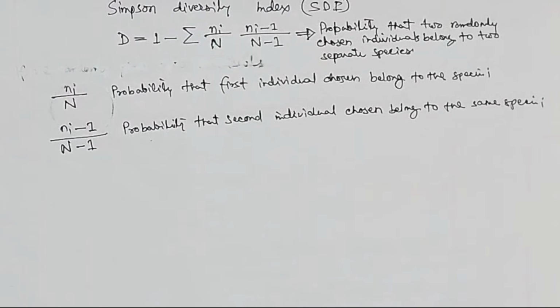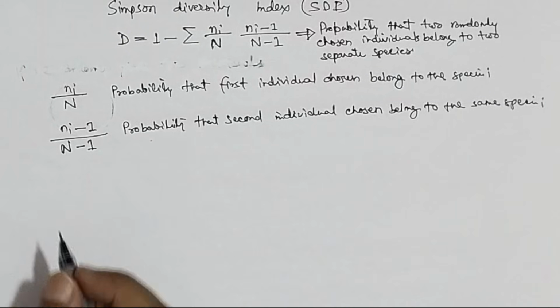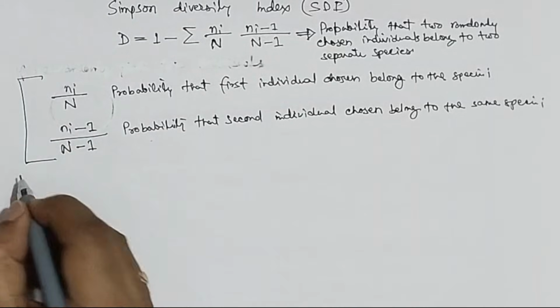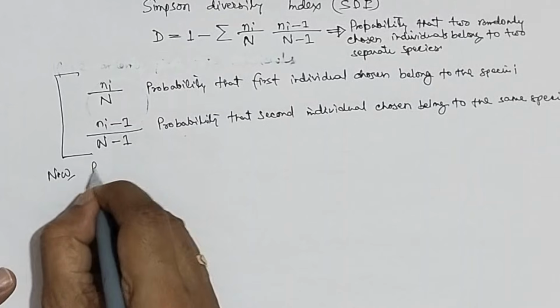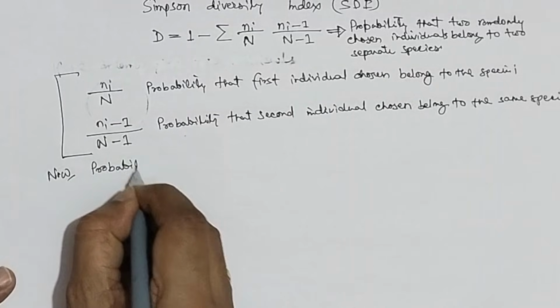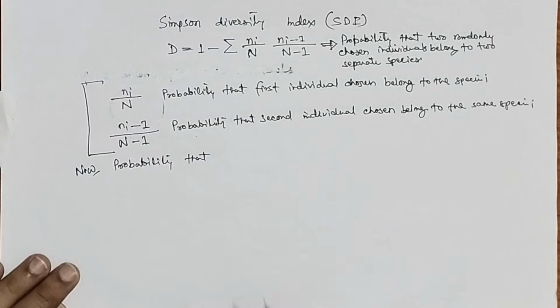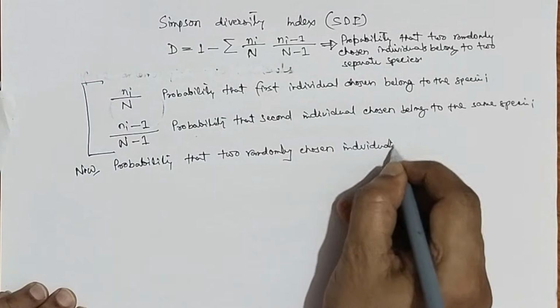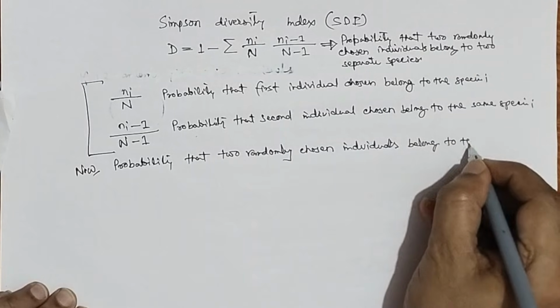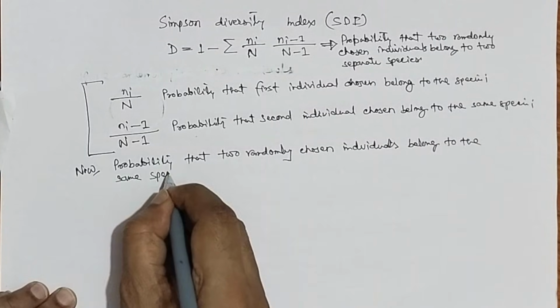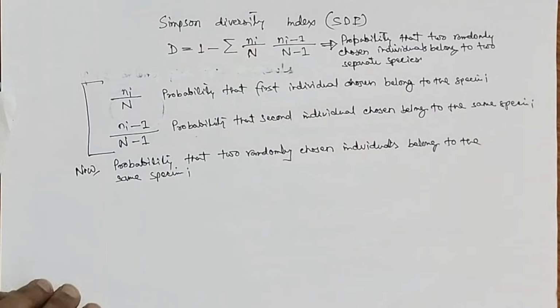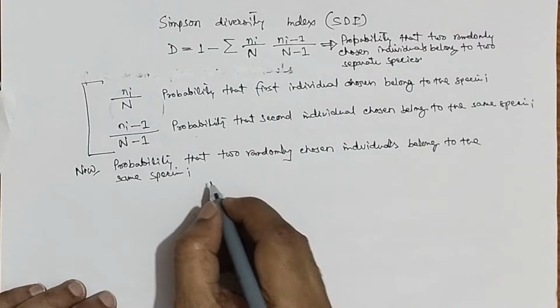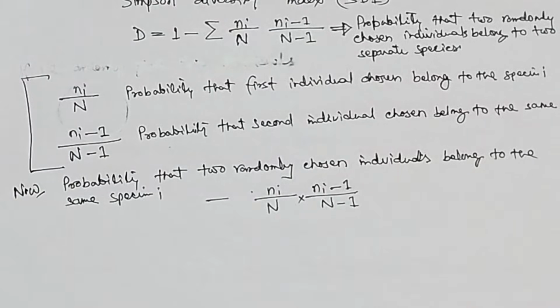So now the probability that two randomly chosen individuals belong to the same species i, that is species i and i.